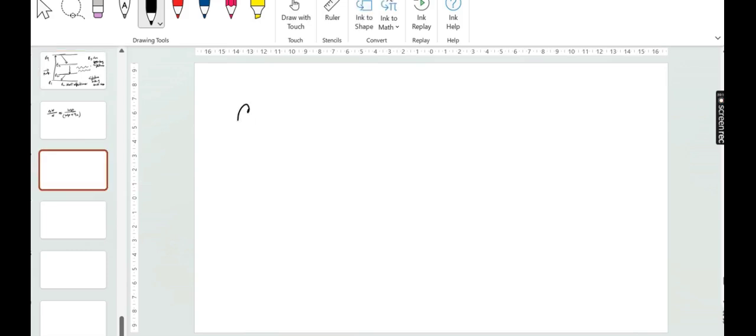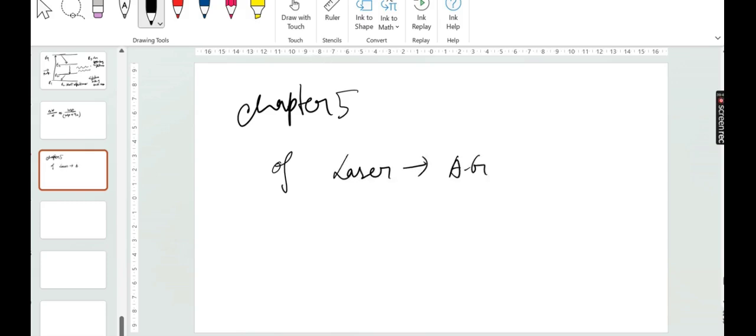No, this is basically chapter 5 of the book Laser by Ajay Ghatak and K. Thyagarajan.